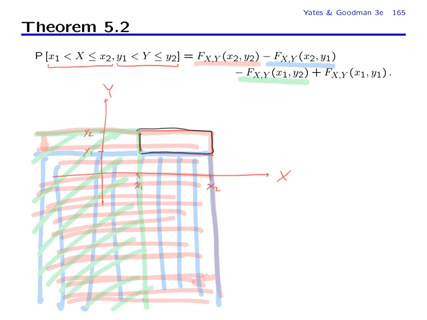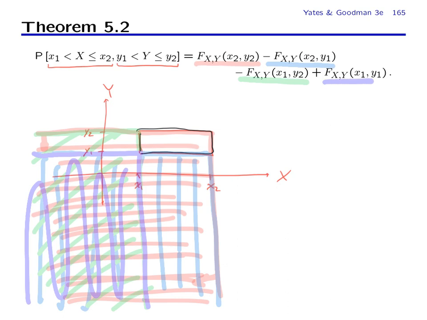Now we're pretty close, but in fact, what we did is we double counted, or I should say double subtracted, x's and y's here in this lower left corner box. And those we have to add back in.